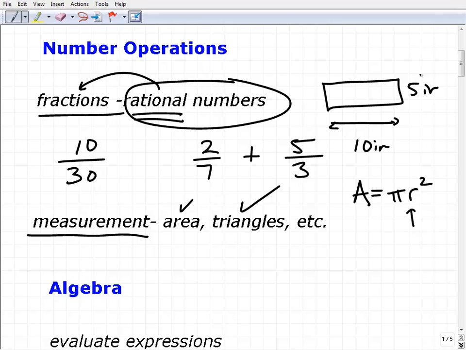If I was going to compute the area, I would multiply these two together, and those units of measure would be inches squared. And then of course if you're going to get into volume, that's going to be inches cubed, etc. So they're also going to be looking at your sense of, do you understand measurement, and can you work with numbers to compute a lot of these things.